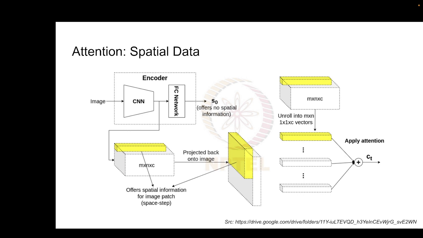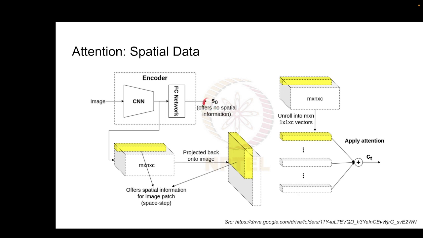Coming to spatial data, the obvious example is an image. Suppose we pass the image to a CNN followed by an FC network, and this FC network gives us a vector S0.